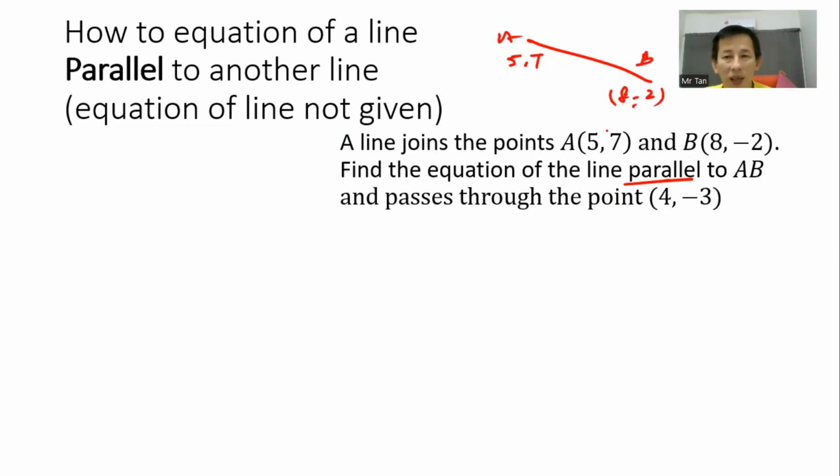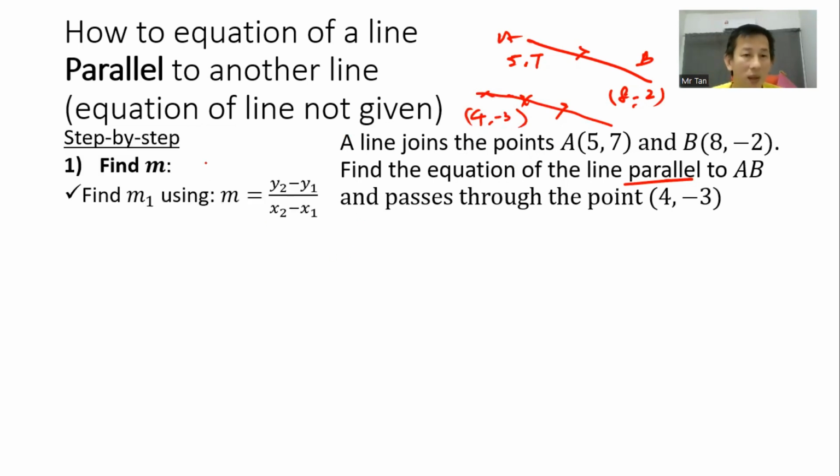You need to find the other line which is parallel to this and passes through (4, negative 3).